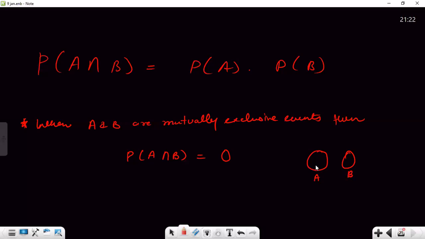If A is happening, then it is certain that B is not happening, and if B is happening, then A is not happening, because the occurrence of one rules out the occurrence of the other event. There is nothing in common. They cannot happen simultaneously. Is that clear? Yes, sir.